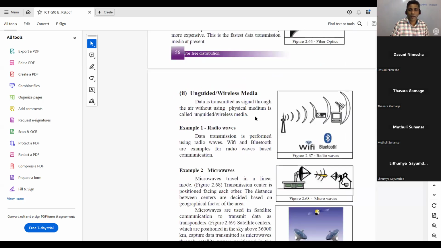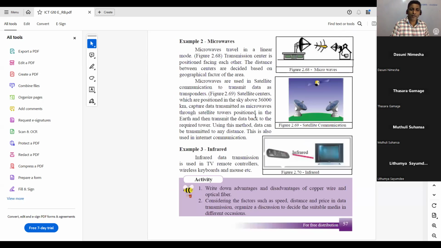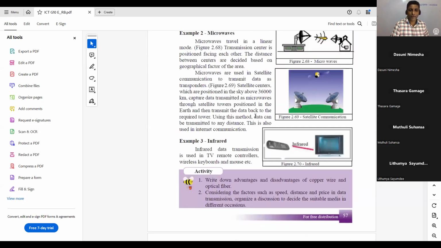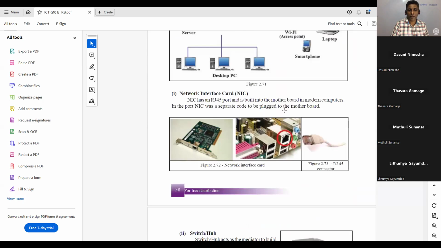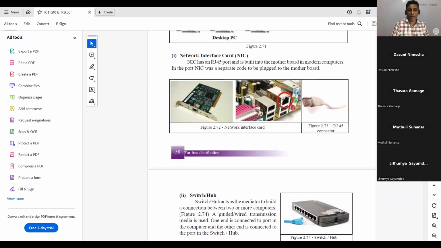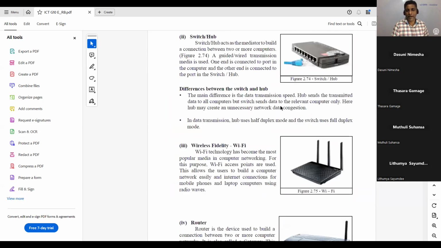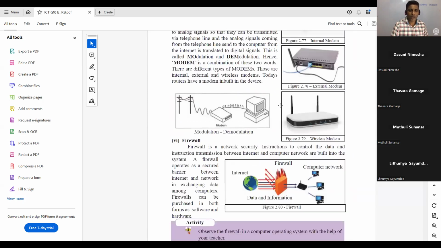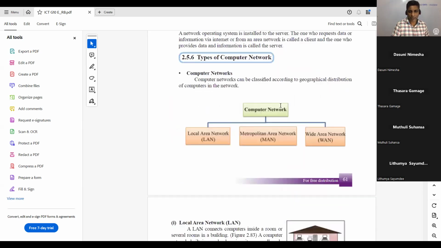Don't worry, these are very interesting and very simple things, and I will explain them very simply. Also routers, firewalls, the functions of the network interface card. Even in grade 6 we discuss these things on a very small scale, but here we need to learn in a little more detail.